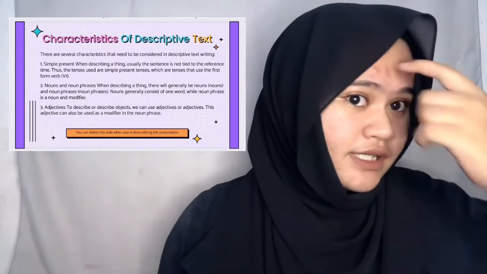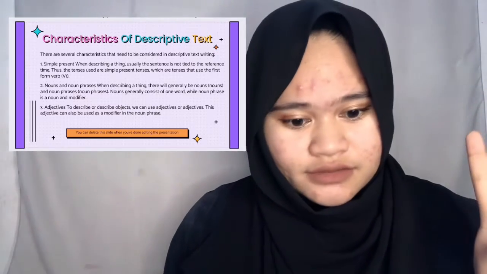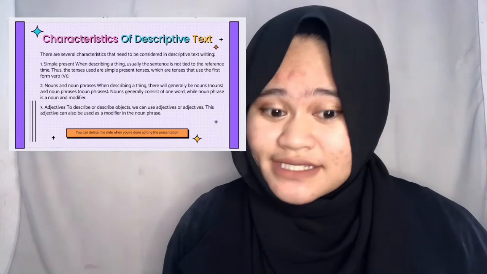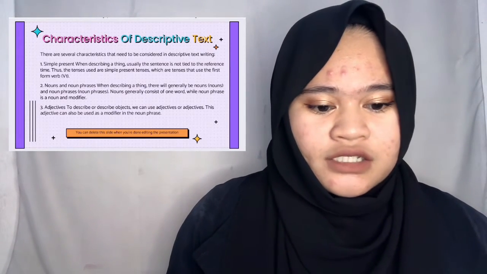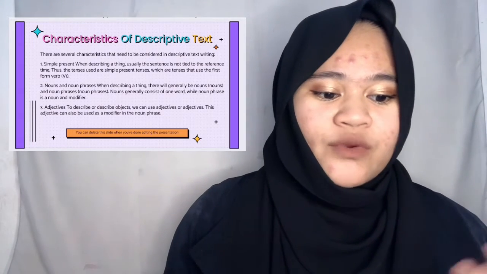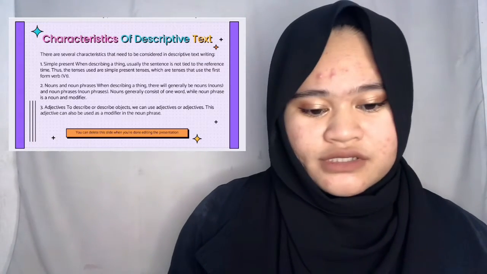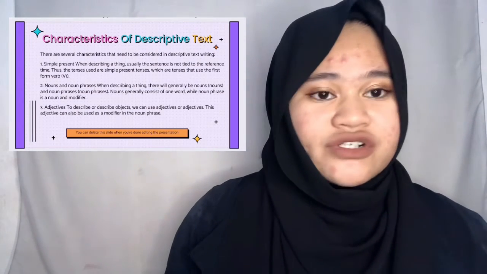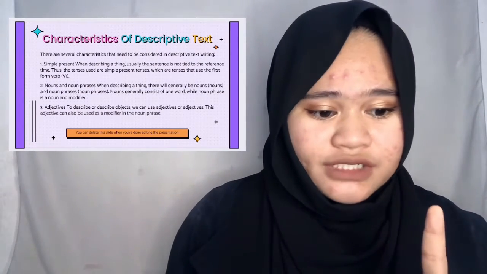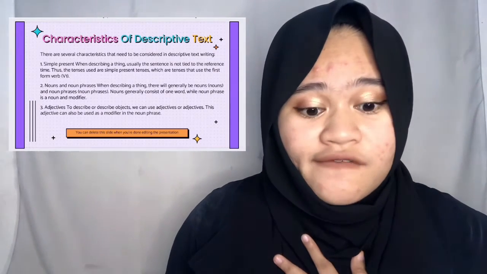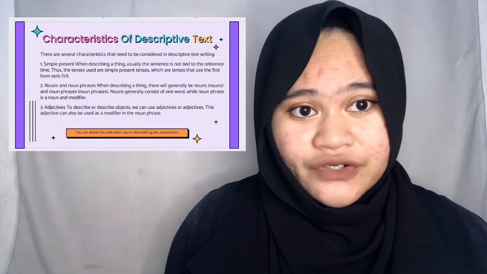The second is noun and noun phrases. When describing a thing, there will generally be nouns and noun phrases. A noun generally consists of one word, while a noun phrase is a noun and a modifier.